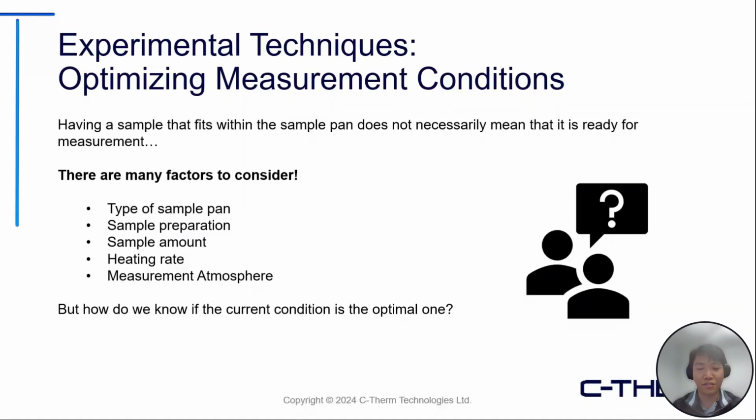So there are many factors to consider, such as type of sample pan to use, the method of sample preparation, the amount of sample to use, rate of heating, and what measurement atmosphere to use. So how do we know that the sample is in the optimal condition and the measurement condition that you're about to run is an optimal one?